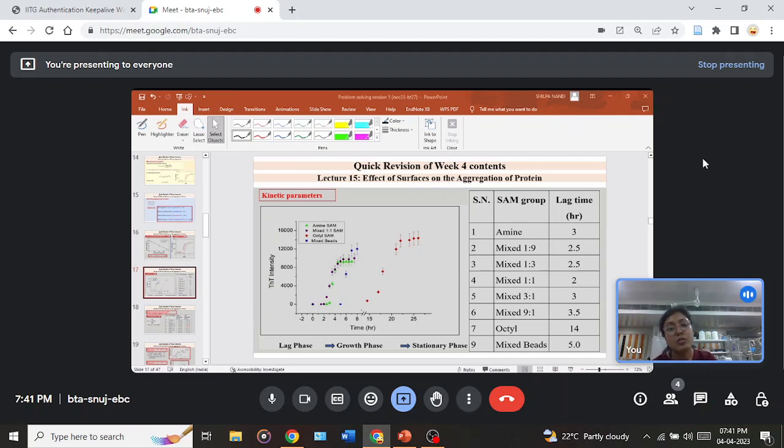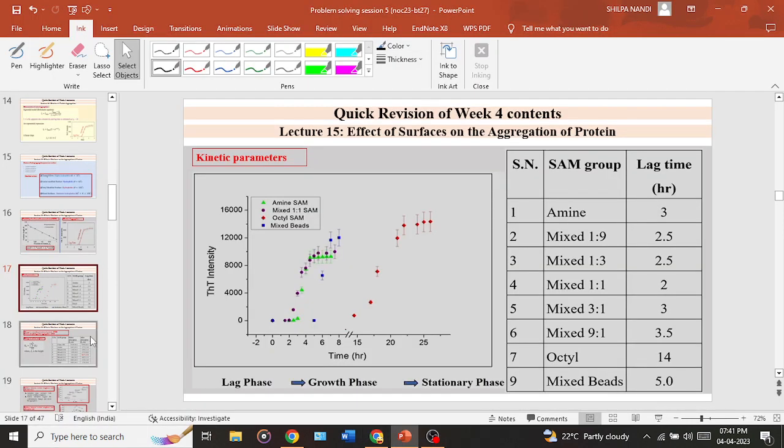So this lag time you can assess through this graph, and further we can also determine the rate of aggregation through this graph itself. If you plot a growth curve and take out the linear slope, you can determine the rate of aggregation.